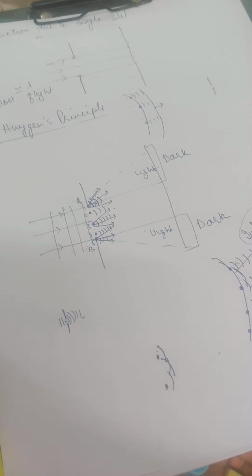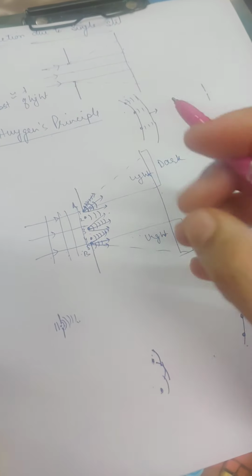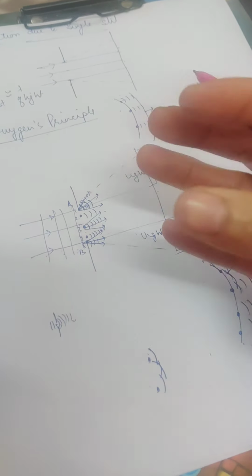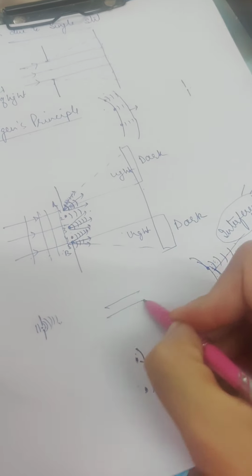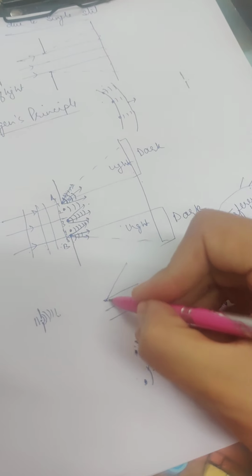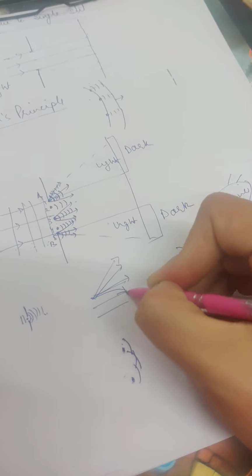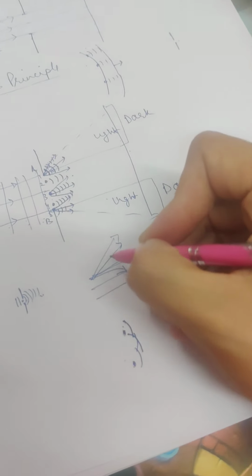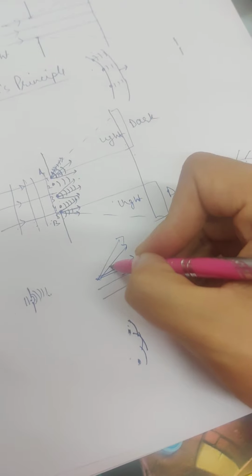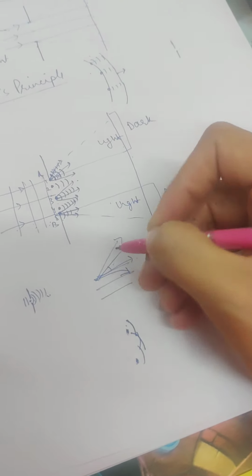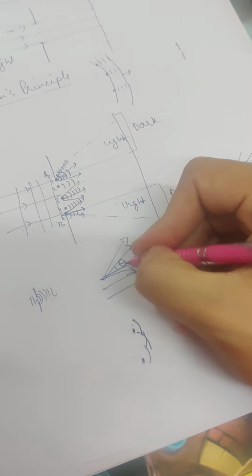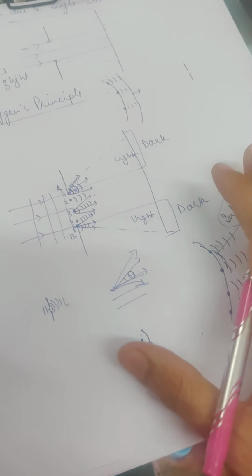And one more thing, when I say the light is spreading, it means the light is deviating from its straight path. That's why it is spreading everywhere. When light is spreading, it must spread at some angle. That angle of spreading is called the diffraction angle, and we represent it by theta.